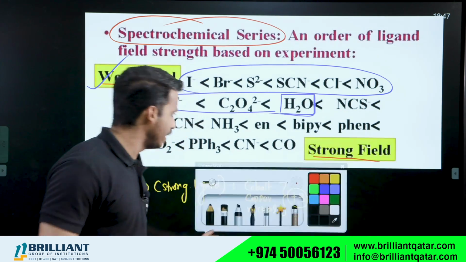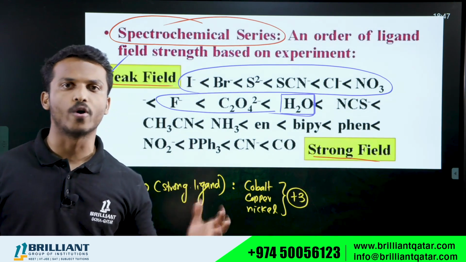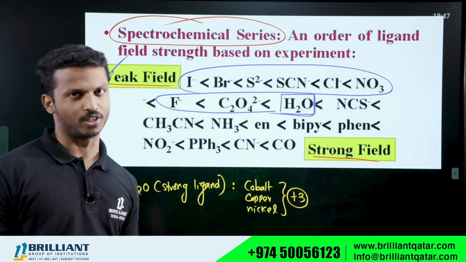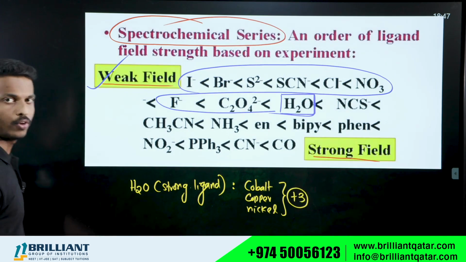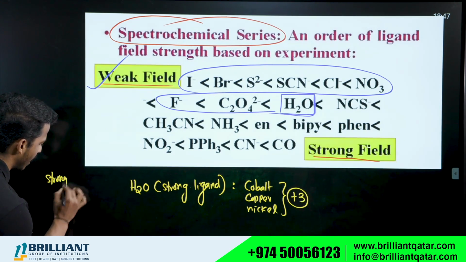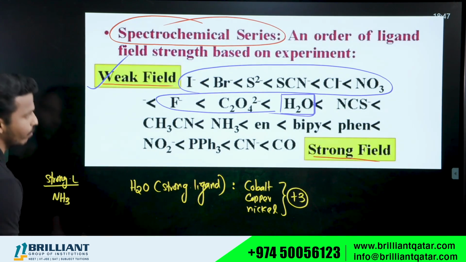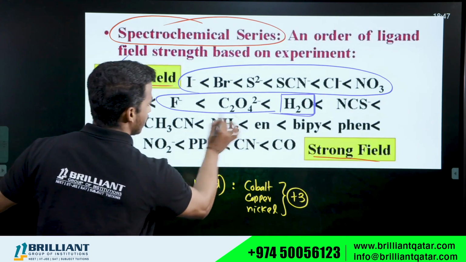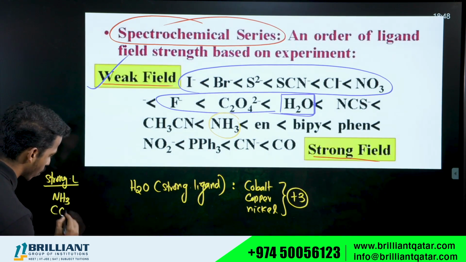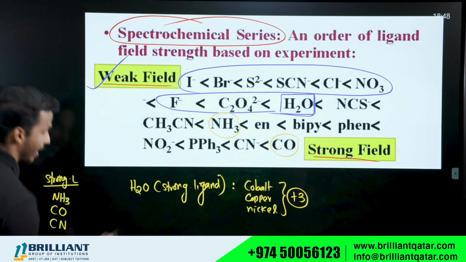In most entrance examinations like NEET and JEE, and for your board examination, they will prefer certain ligands from this series. Most of the time the strong ligands are NH3, which you can see on the right part, and CO, carbonyl, and cyanide.